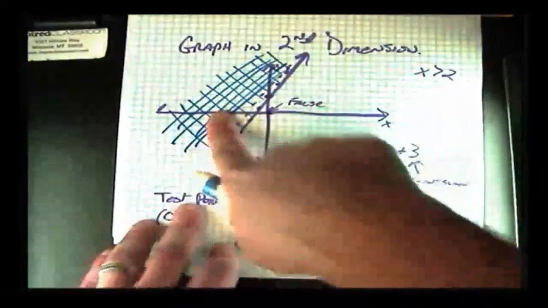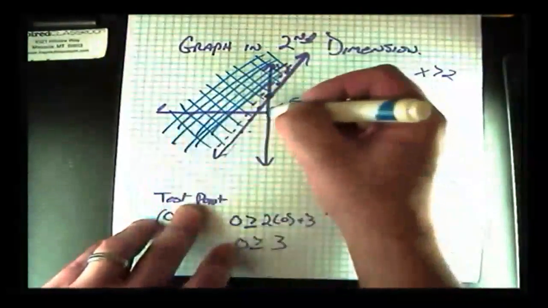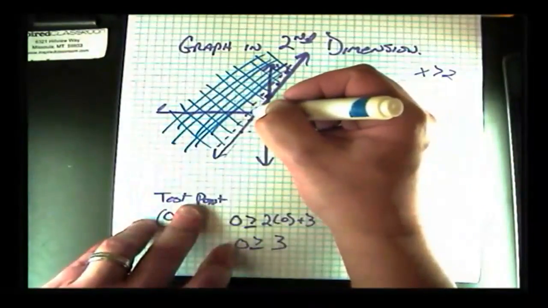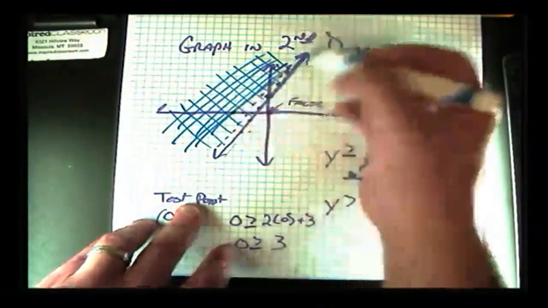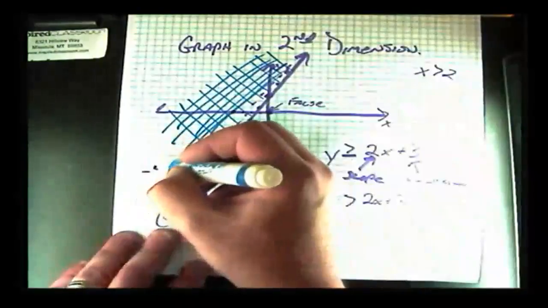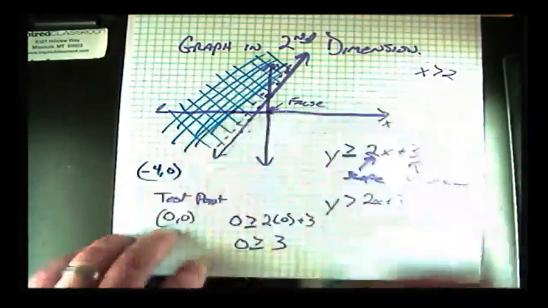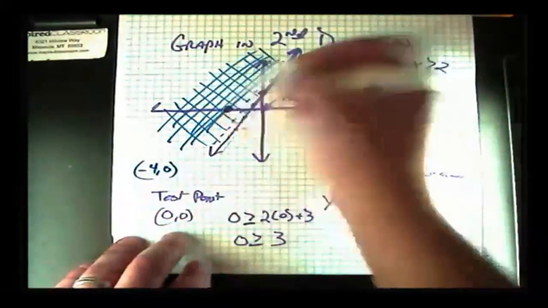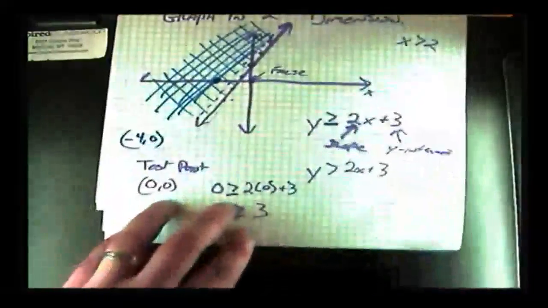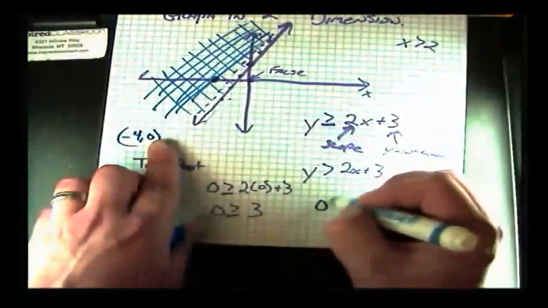We'll pick a test point over here on this side of our line. How about 1, 2, 3, 4? How about the point negative 4, 0. We'll test that point right there. There it is. So I'll plug that into my equation. I have 0 for y, and this is the equation I was working with.